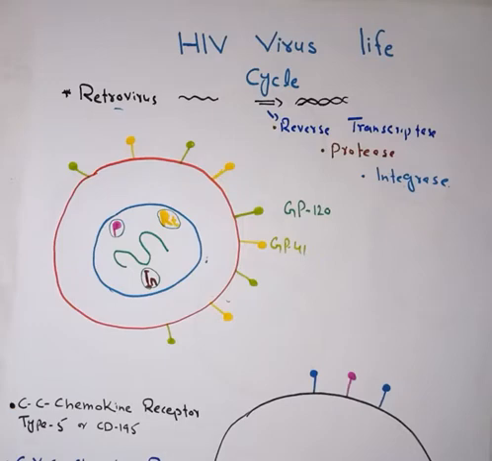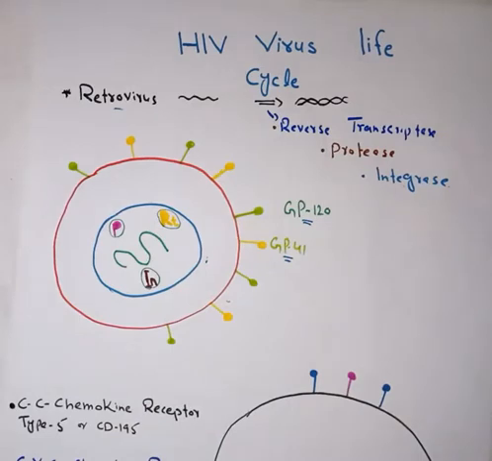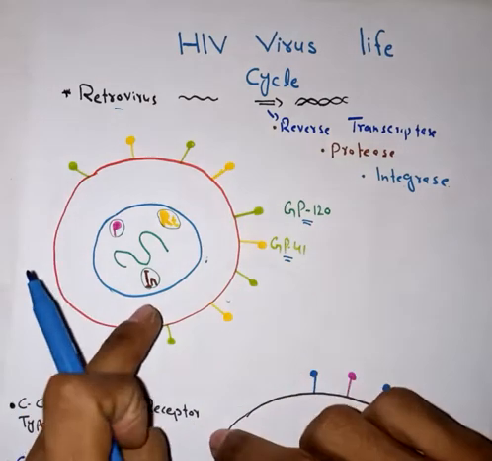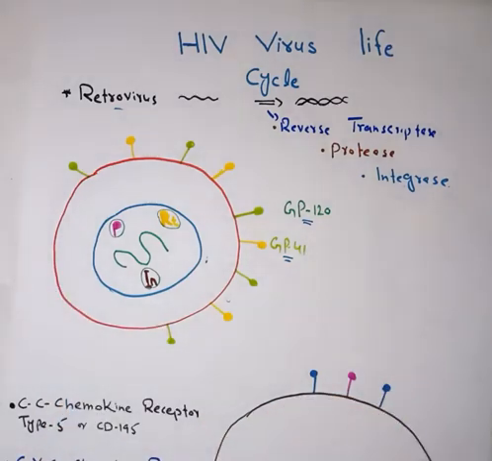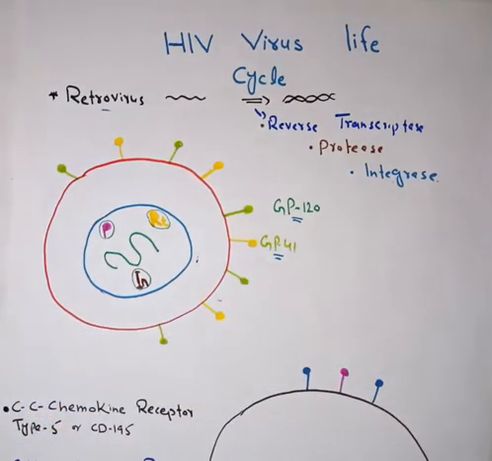On the envelope of this virus, two very important proteins, the one is glycoprotein or GP120 and the other one is GP41, are present. Okay, these proteins are going to attach on the receptor of the host cell. Obviously this HIV virus needs to get inside the host cell for the replication, because we know that viruses cannot replicate without host cell. They need some host cell for the replication. So first of all they have to attach on the host cell, and then they have to penetrate and replicate.